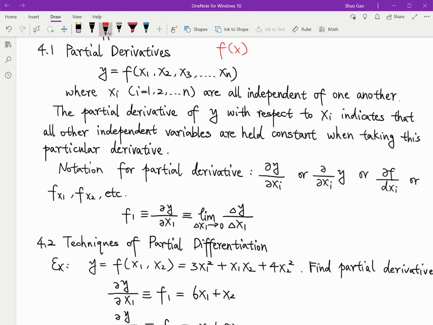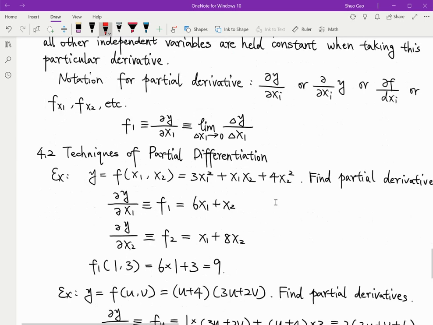For example, if we want to take the partial derivative of y with respect to x2, you keep all the other variables constant. You don't change the value of the other variables, you only change x2. You add or subtract just a little bit from x2 and see how y will change. This is called a partial derivative.